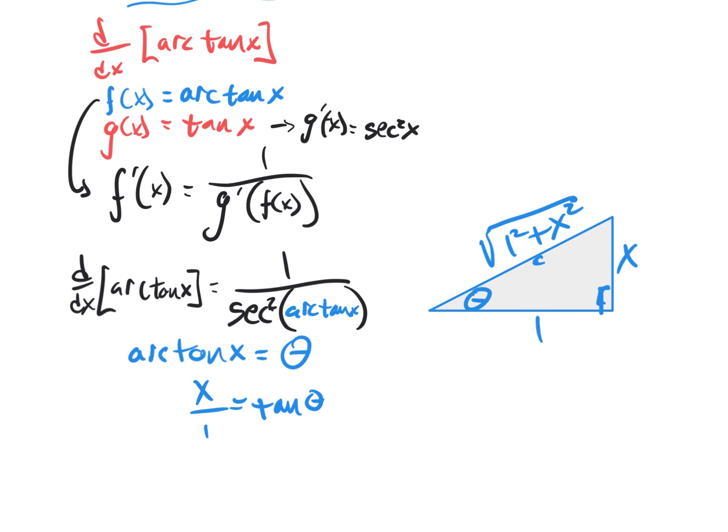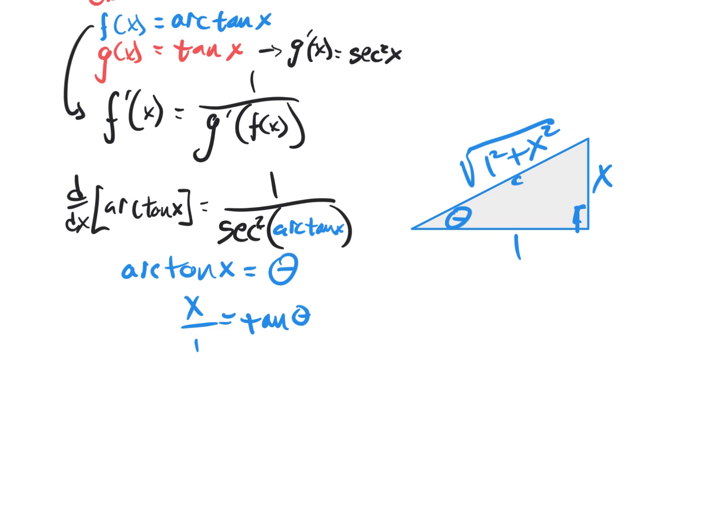Now we can come down here and we can say that this is equal to 1 over secant squared of arctangent, but we just said that arctangent is theta, so we'll call this the secant squared of theta. Just swapped out arctangent for theta.